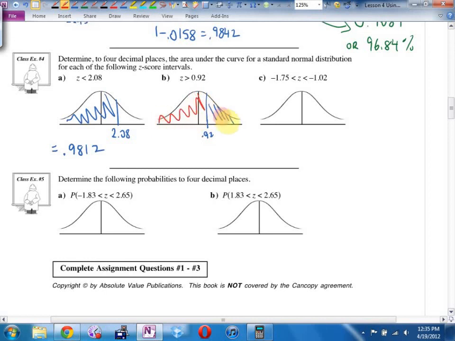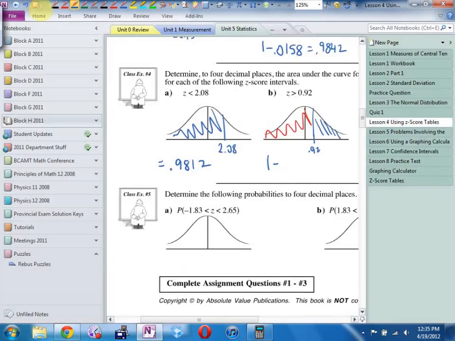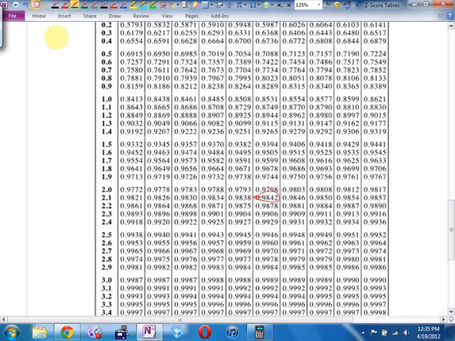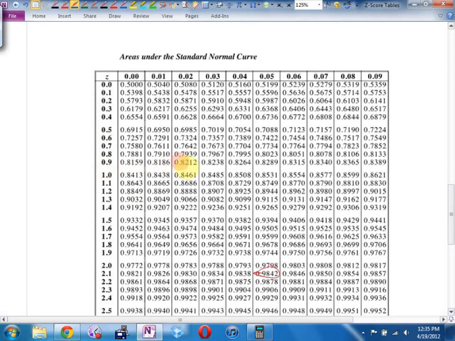How will I find this area? 1 minus, can somebody find for me the area associated with, to the left of 0.92? So it's going to be 0.8212, isn't that right? Yep, 0.8212.